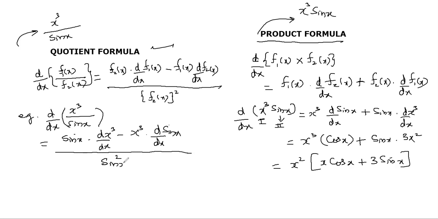So we can write sine square x. Sine x whole square or sine square x is the same thing. Then differentiate now: the differential of x cube is 3x square, minus x cube, the differential of sine x is cos x, and this is divided by sine square x.